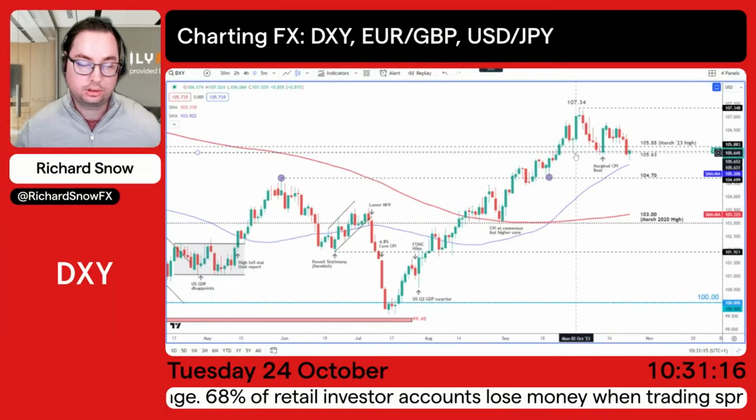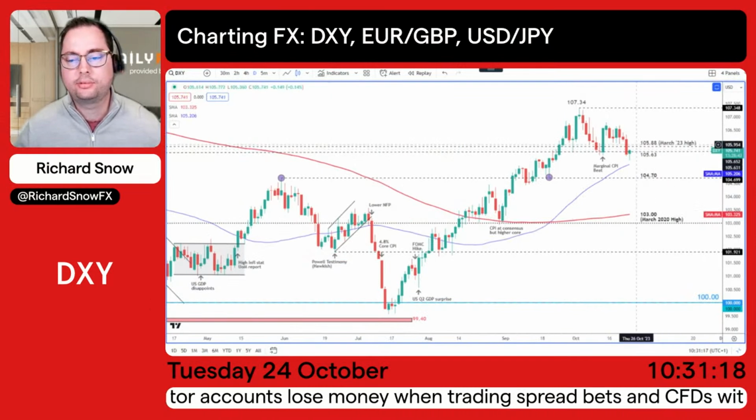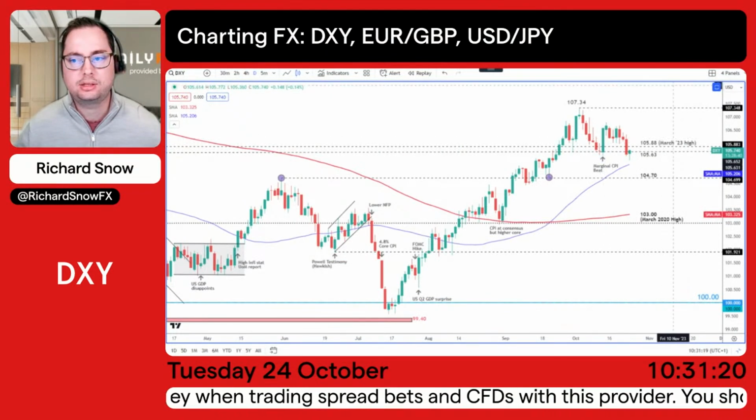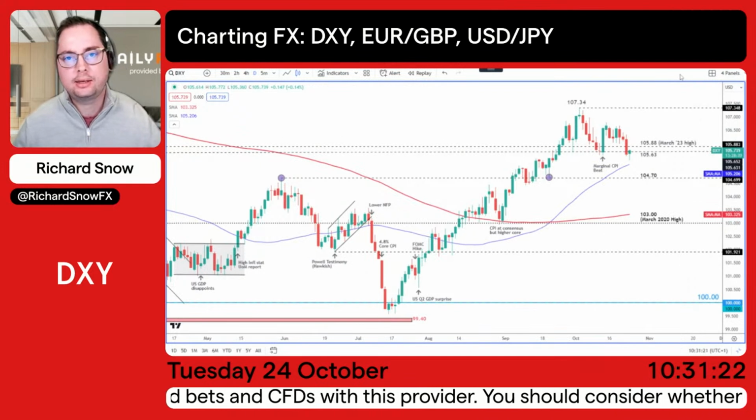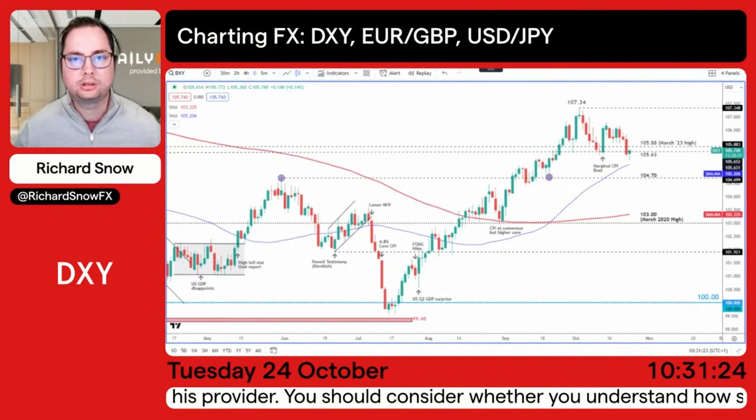So first of all, let's dive into the charts. Let's take a look at the US dollar basket. If we're taking a look at the DXY chart, what we've noticed over prior sessions is a sort of delinking between US bond yields and the dollar. Typically, they tend to move in the same direction.